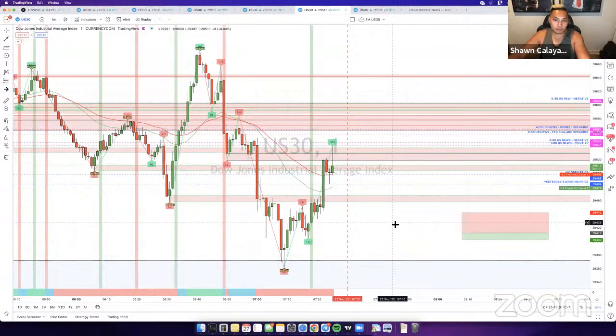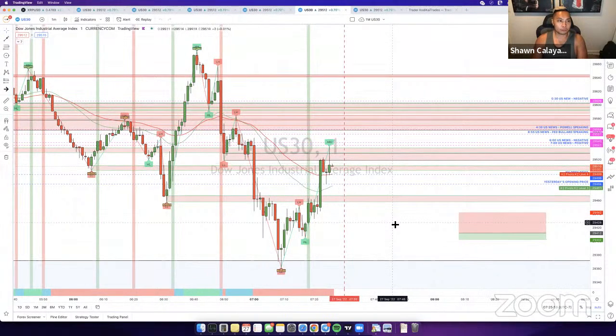All right, so I think tomorrow will pick up a lot more. Today Powell was speaking, but he spoke pre-market, so he didn't really affect the market as much as would have been anticipated. A lot of people aren't trading at 4:30 a.m. for US. Tomorrow he's speaking at 7, so expect some high volatility tomorrow.